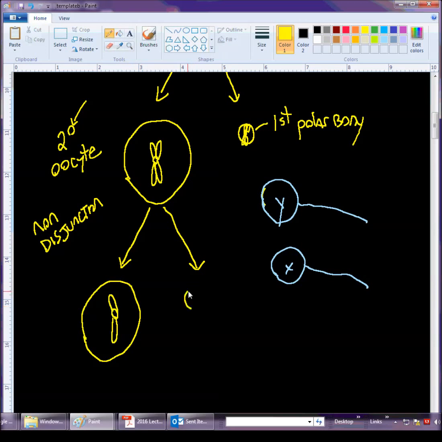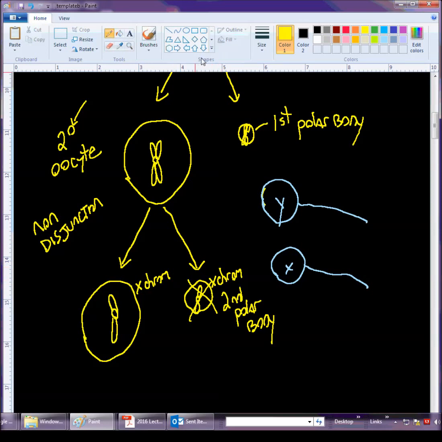So this is just normal separation. We have an X chromosome here and one over here. So this would be normal. And this is the second polar body over here. If this was fertilized, then everything would be fine. This is just one X chromosome, and this is what we expect.